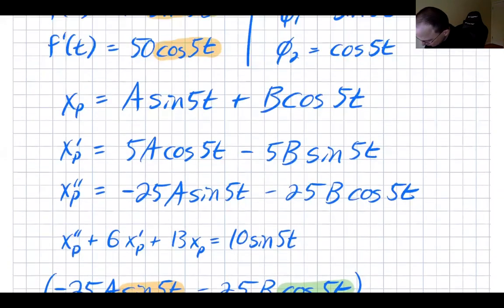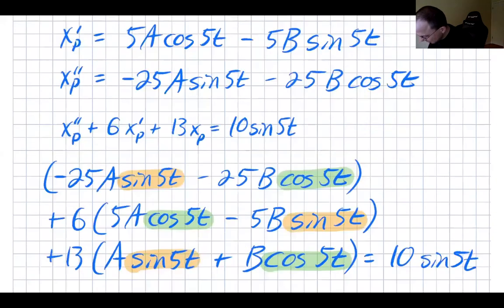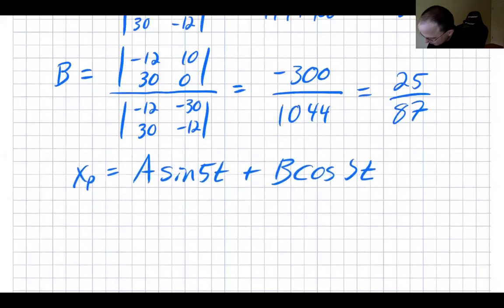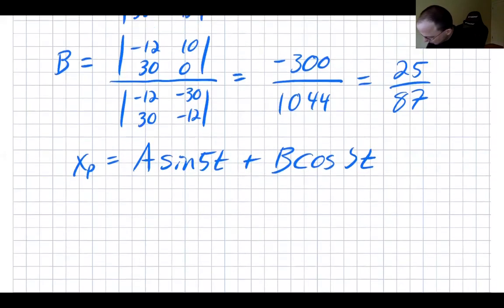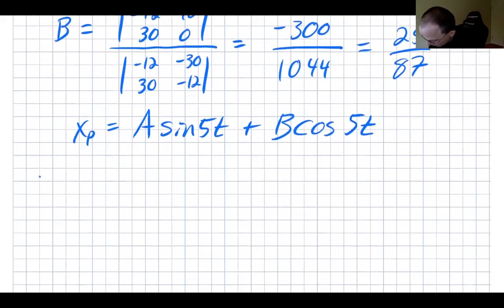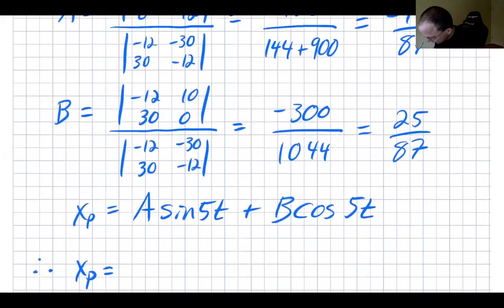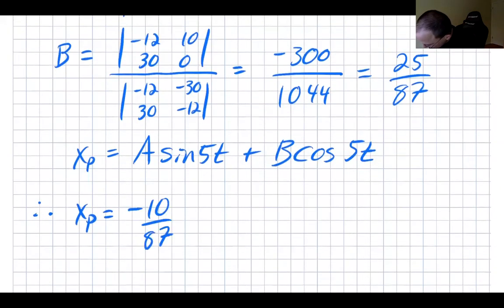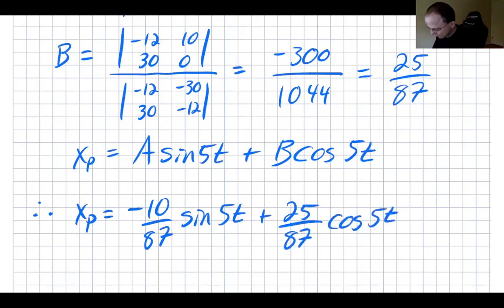Okay, so here is the particular solution. Let's bring that down here. So I missed the, there we go. Okay, so therefore xp is equal to negative 10 over 87 sine 5t plus 25 over 87 cosine 5t.